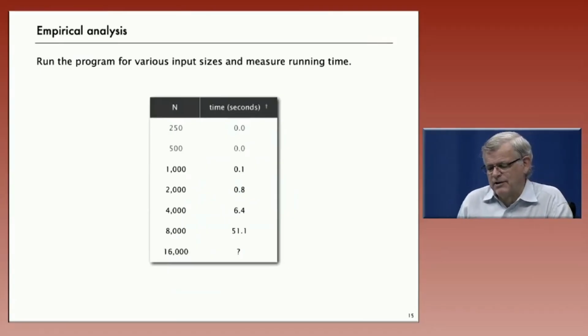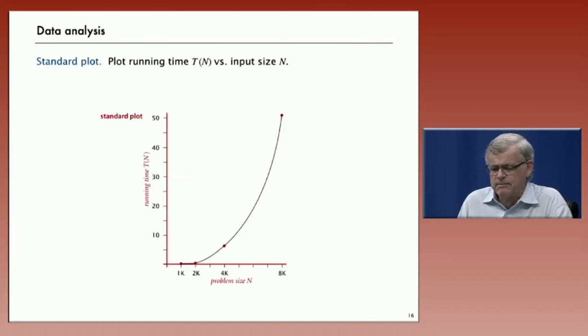Okay, so that's empirical analysis. Run it for various input sizes and measure the running time. Now, if this were some scientific problem where we were counting something that happened in the natural world, the number of ants on an anthill or whatever, then we'd have only a few data points, and we would try to understand what's going on by doing a plot of our running time, the quantity we're interested in, on the y-axis, and the problem size on the x-axis.